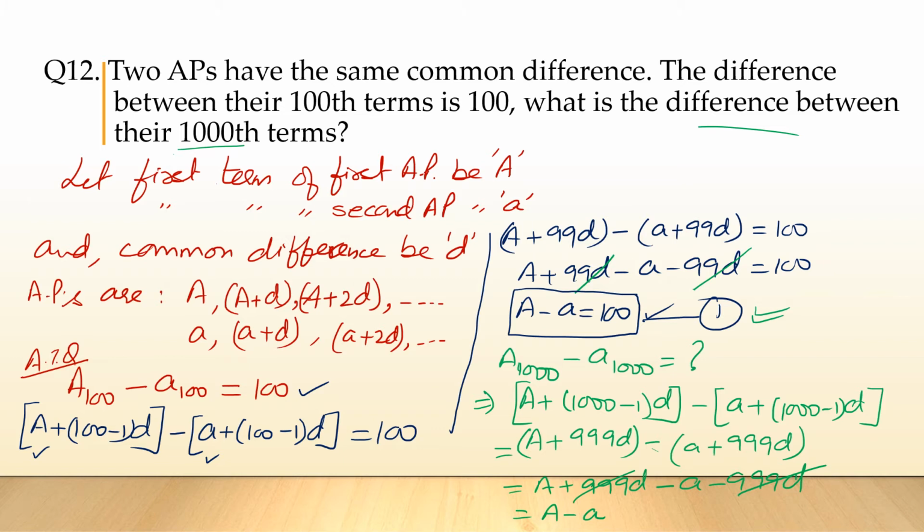So let me continue this to the next page. I'm moving to next page to continue it further. So we got A1000 minus a1000, इसको हमने जब सॉल्व किया तो ये सॉल्व करके हमें मिल गया A minus a.